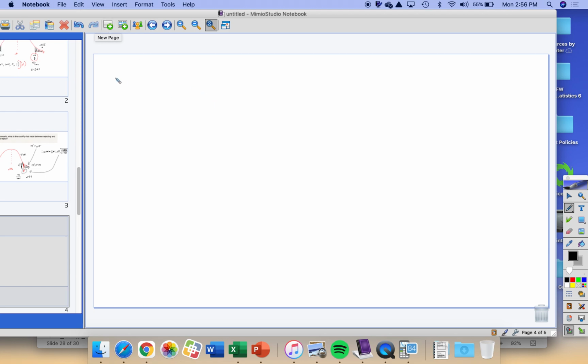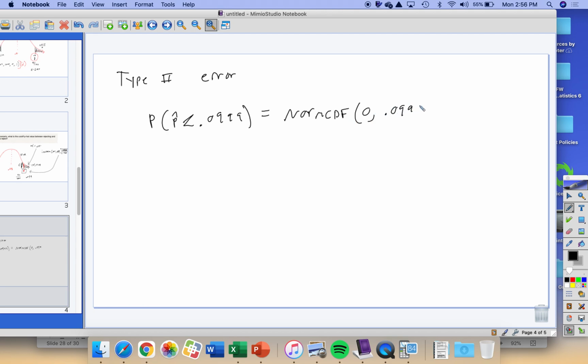Our task, right, type 2 error in this case, type 2 error is the probability of getting a p-hat value less than 0.0999, which is our cutoff for rejecting and failing to reject, which is just norm CDF, lower bound something small, upper bound 0.0999.